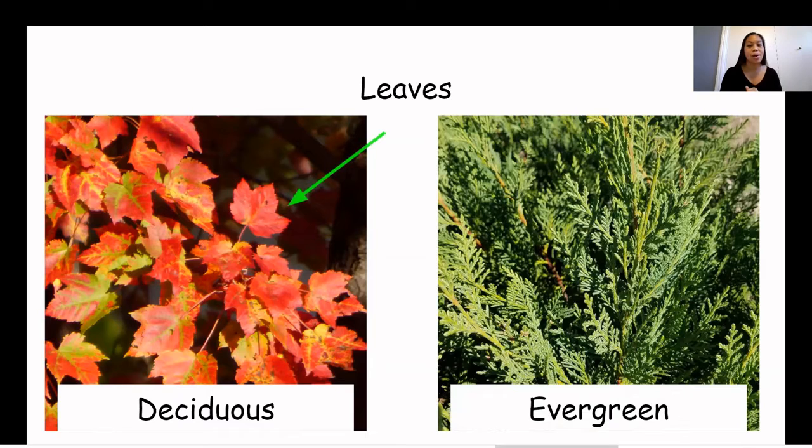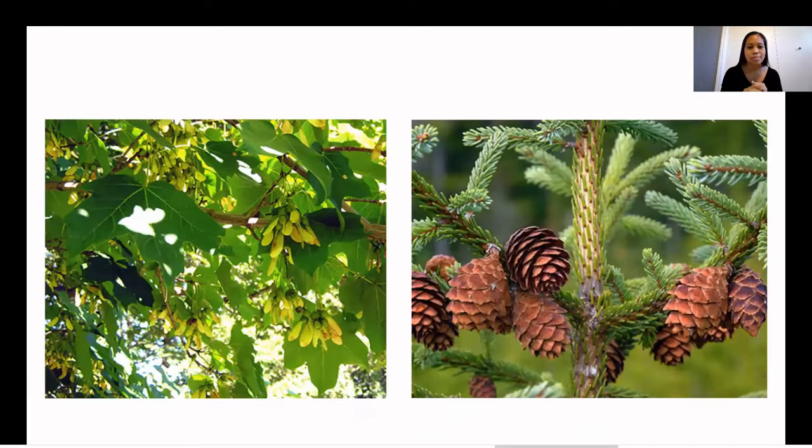Very good, guys. Okay, so here is the leaf, and it's kind of flat, like a piece of paper. But on the evergreen, just like I said, they have these needles instead of those broad, flat leaves. So that's a way that you can tell the difference. Something else you can see that's different are the seeds.